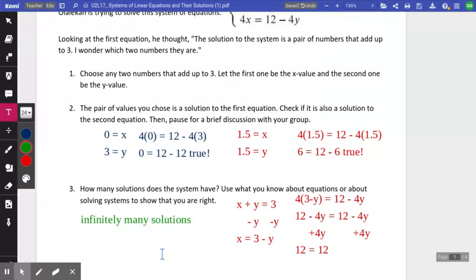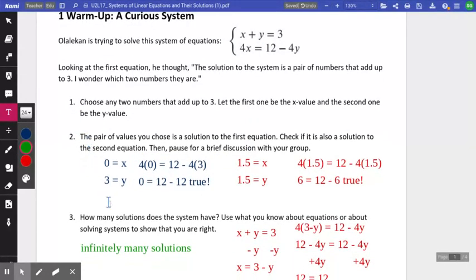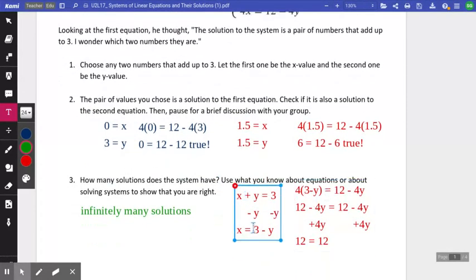And there's a couple different ways you can come to that conclusion. One is just making the observation that for any pair of numbers, any solution for the first equation is also a solution to the second equation. That's what we were doing in 1 and 2. Another way you can get to that conclusion is when you're actually going to solve. When I went to solve algebraically, notice my variables canceled out.